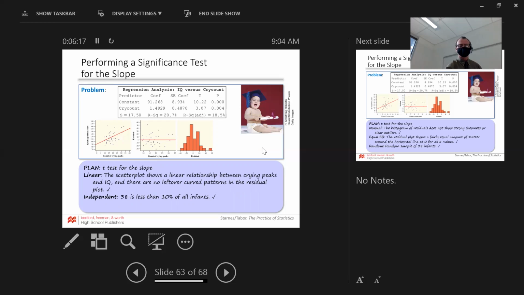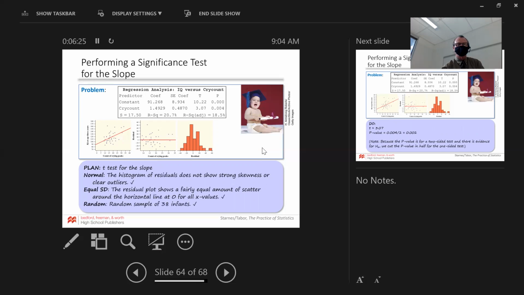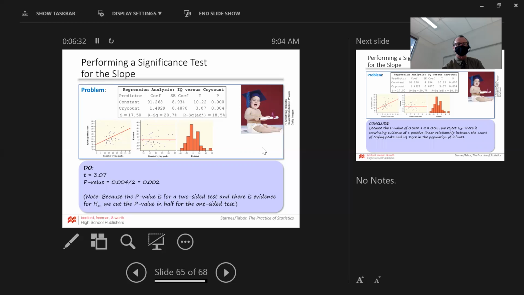We're less than 10% of all the crying babies, and it's linear. Okay, SRS. We get a t-score of 3.07.